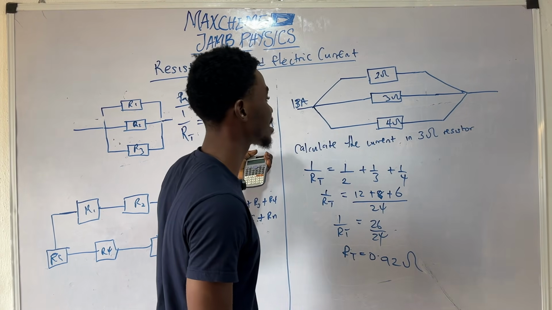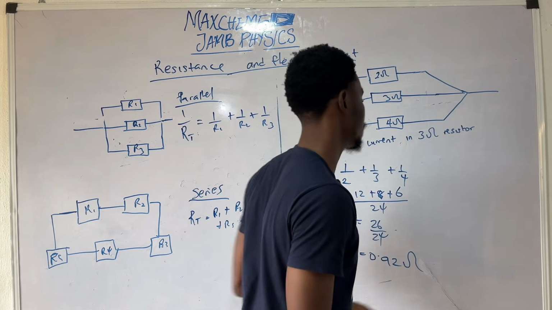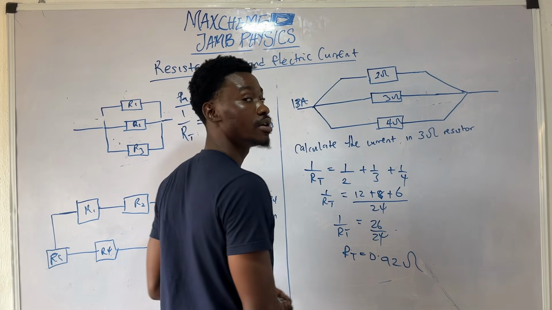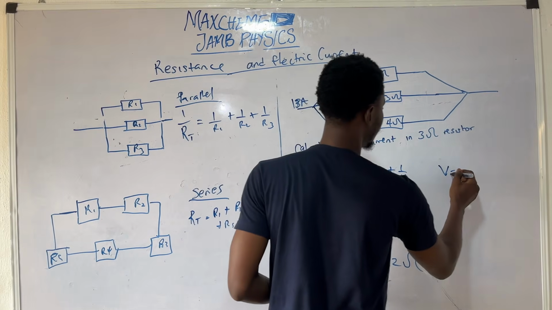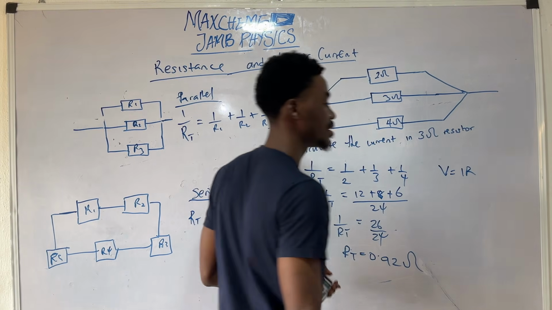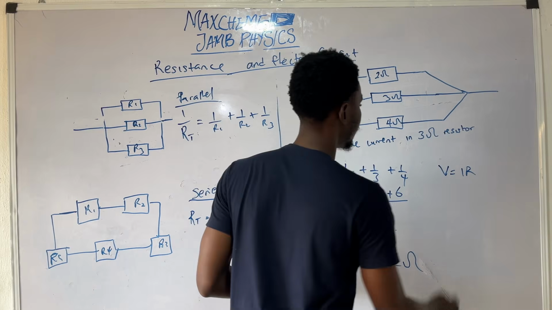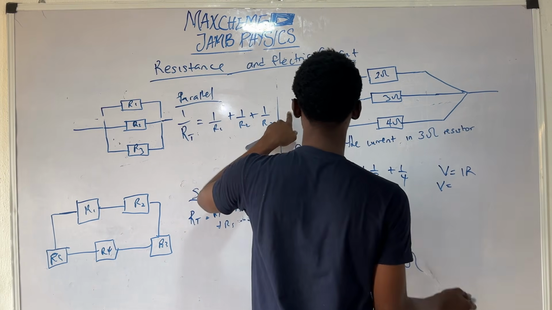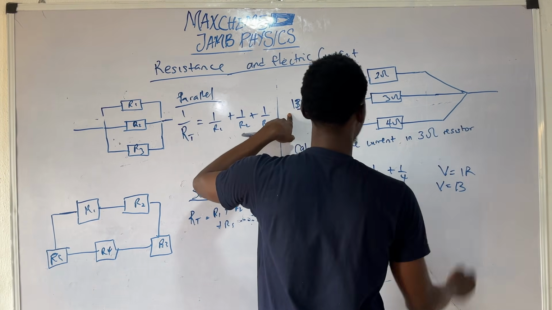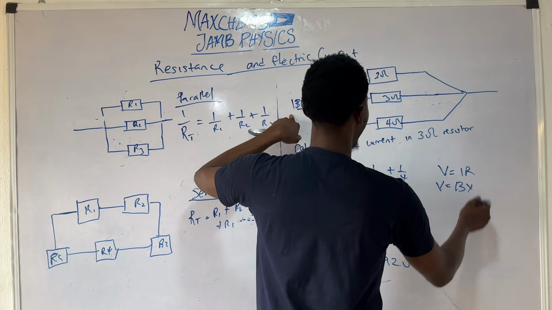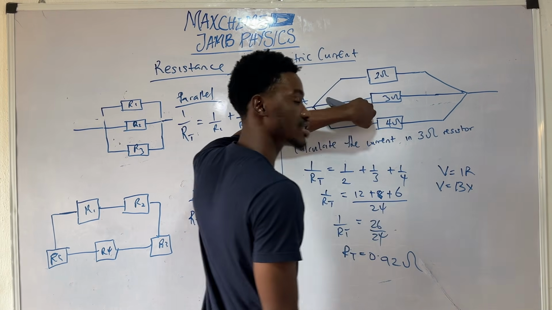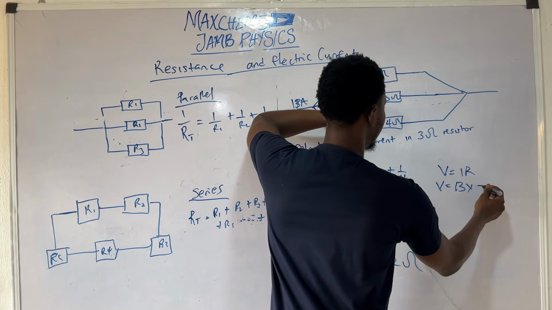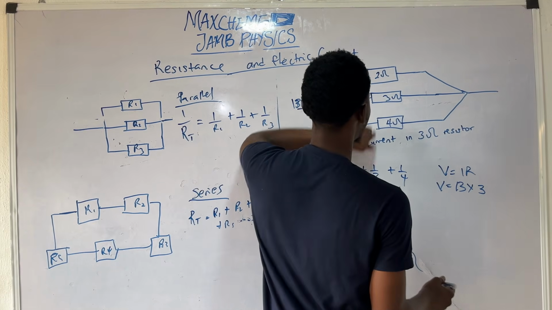We are asked to calculate the current in the 3 ohm resistor. If you can remember from Ohm's law, V is equal to IR. Since V is equal to IR, the voltage will be the current of 13 amps multiplied by the resistance in question, which is the 3 ohm resistance.